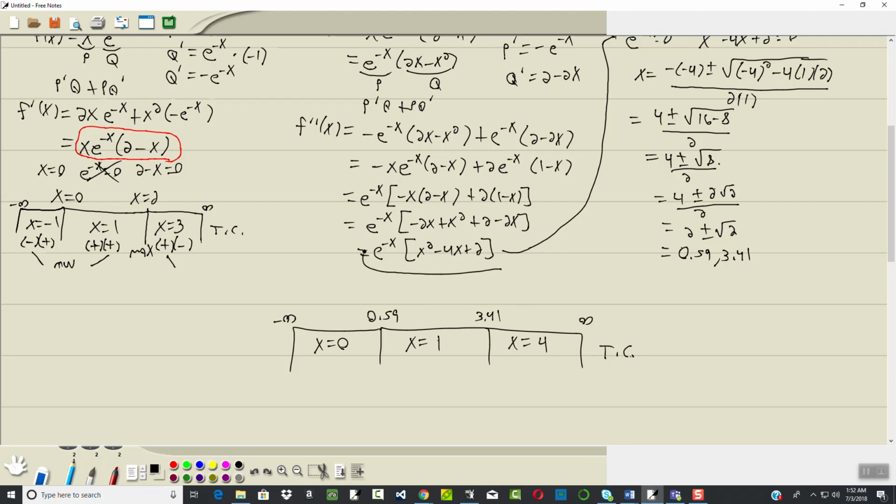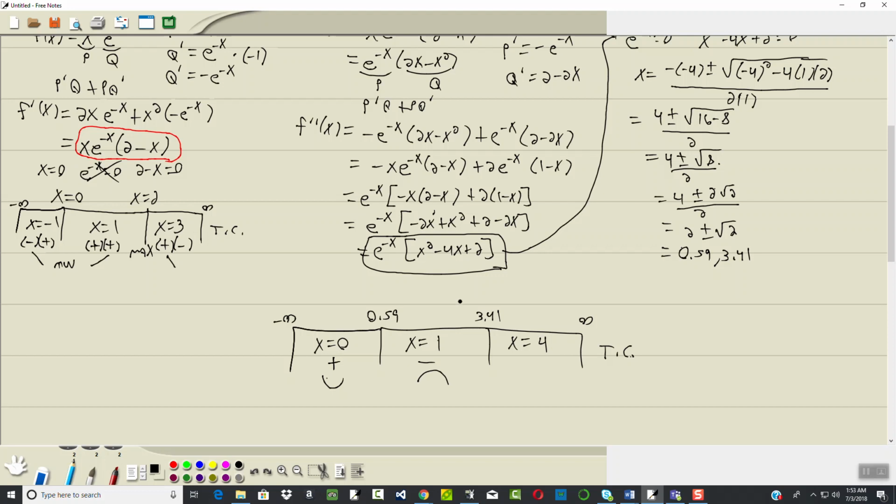Now I want to plug those into my second derivative, which is right here. Keep in mind that e to the negative x is always positive, so I don't need to worry about it. Now if I plug 0 in for the x's here, I get 0 squared minus 4 times 0 plus 2, which is 2. So it's positive, so it's concave up. If I plug 1 in here, 1 squared is 1 minus 4 times 1, 1 minus 4 is negative 3, plus 2 is negative, which means it's concave down.